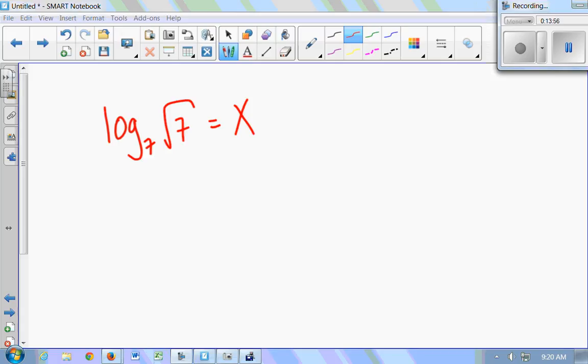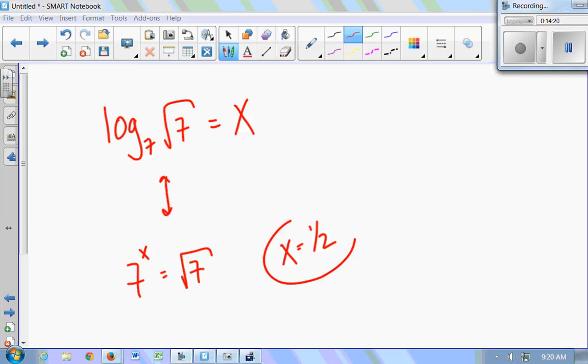So the definition of a logarithm says that my base is 7, right? X is my exponent. Okay, so if I was going to change this to exponential form, this says 7 to what power gives me the square root of 7? 1/2. Yeah. X would have to be the 1/2 power. That make sense? Okay.